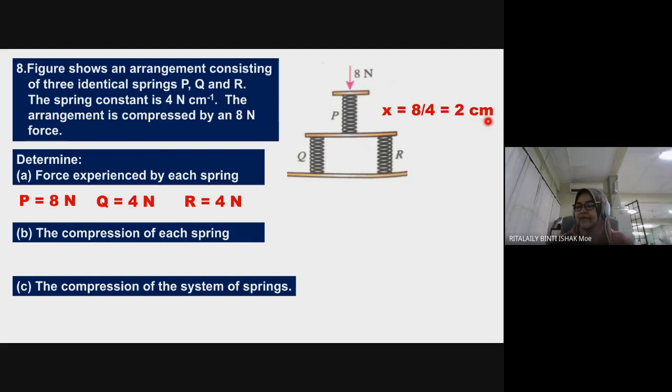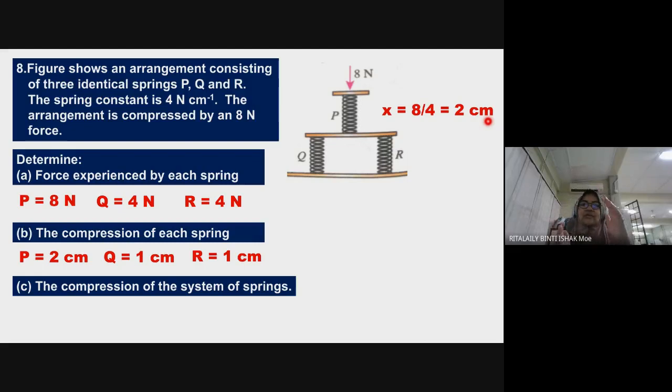Okay, so we have Abi, we have Jasmine, we have Yoshini answering question B. So P 2 cm, Q 1 cm, and R 1 cm. So C, compression of the whole system.